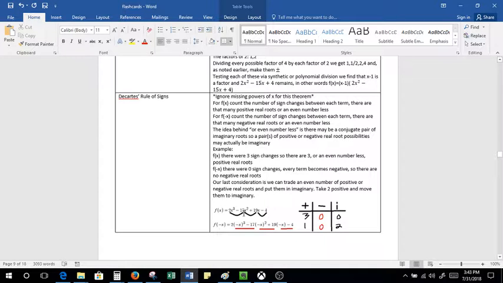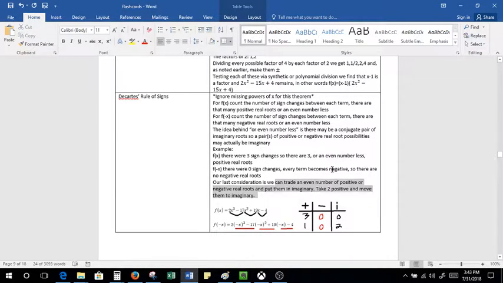Remember that we found 3 positive roots here. We can take 2 of those away and move them to here. So this is another possibility. Never is there a possibility where we had negative roots. We already found that out. So this is stating that information again. And we already did our trade.